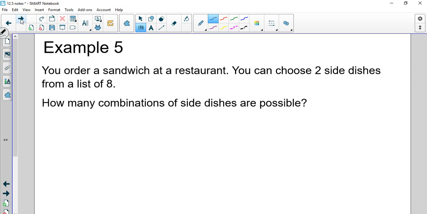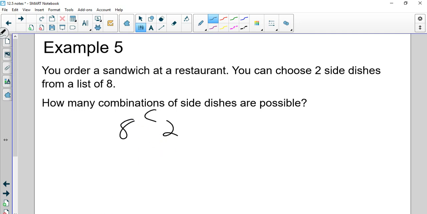Okay, you order a sandwich at a restaurant. You can choose 2 side dishes from a list of 8. How many combinations of side dishes are possible? So again, when you look at this, you have 8 choices. You're picking 2. Order doesn't matter. Green beans and mashed potatoes is the same thing as mashed potatoes and green beans.